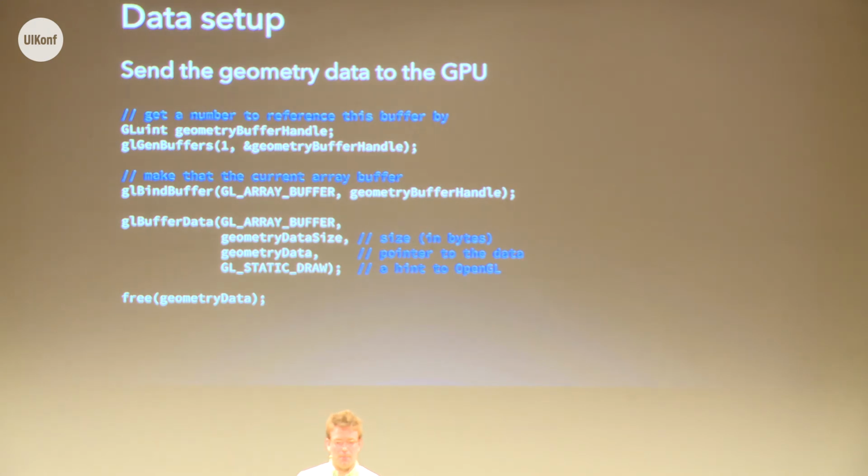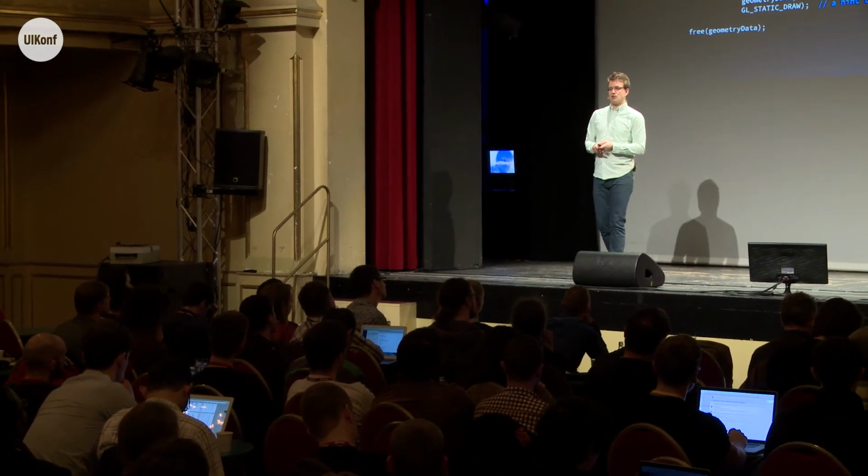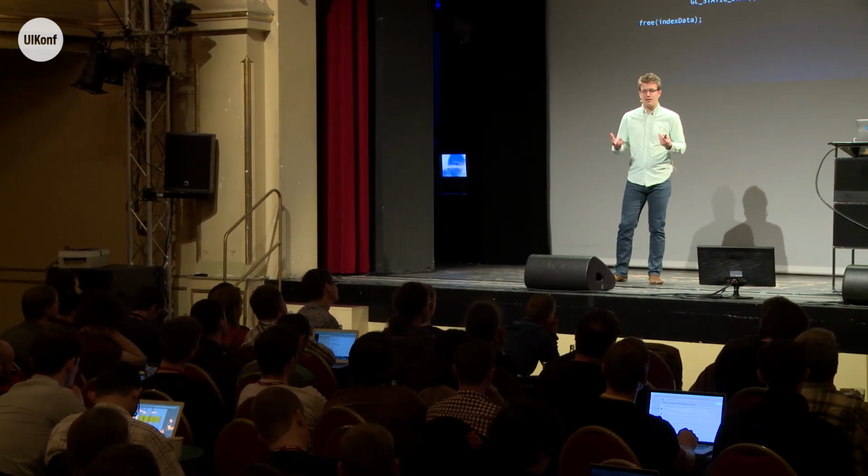For our geometry data, we ask OpenGL to create a buffer, and once again, it gives us back a number to reference that buffer by. We then bind it to make it the current buffer, the one that we are working with right now. And we allocate memory in it and send our data to it. But at this point, the data is just a bunch of bytes, because OpenGL has no idea what to do with it. And we do the same thing with our index data.